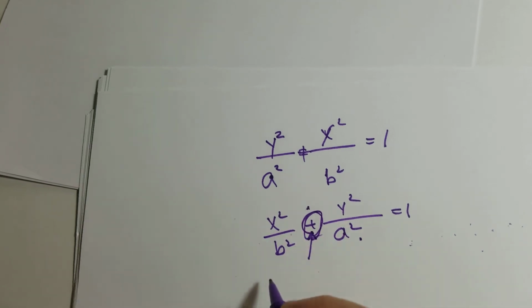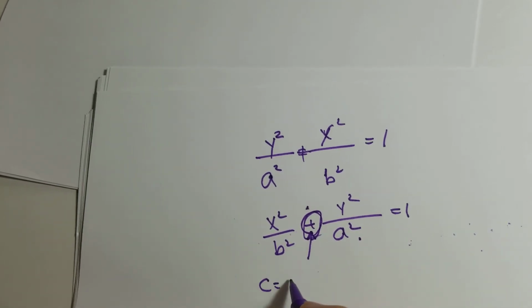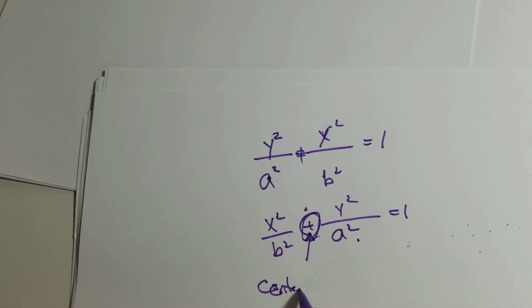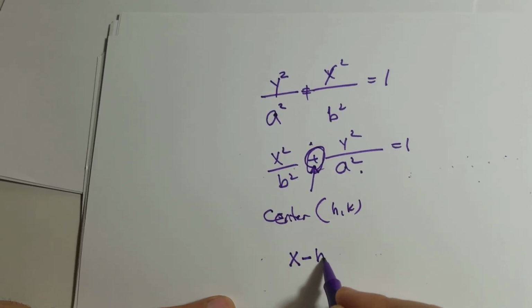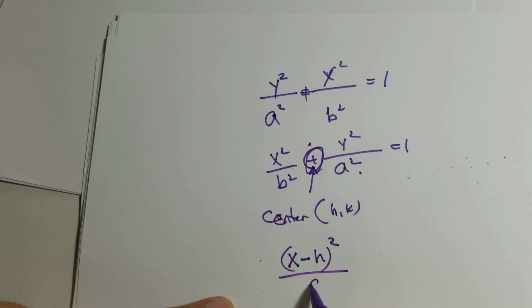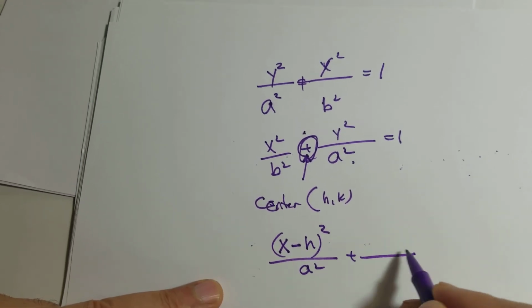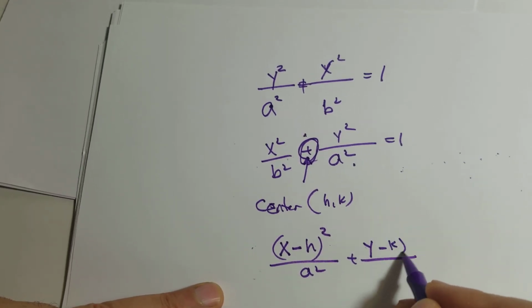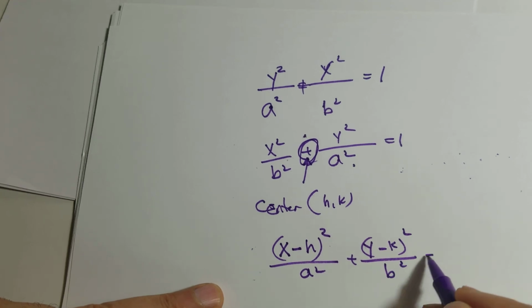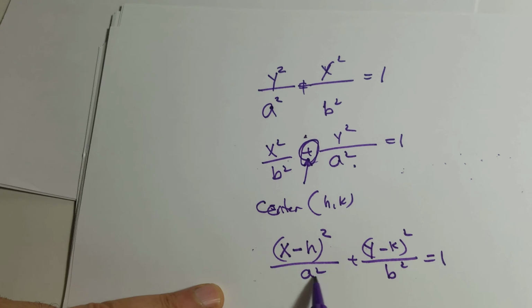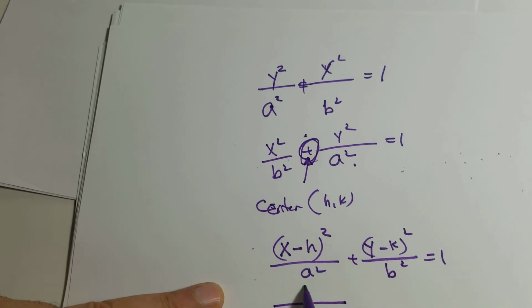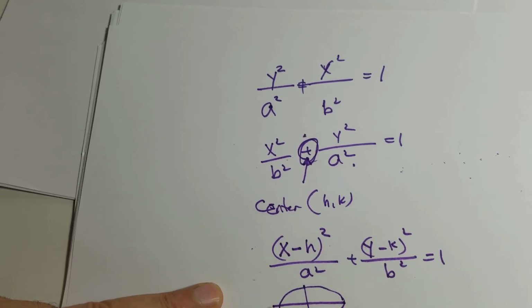Somebody said, what happens if the center becomes at h and k? Therefore, you get x minus h squared over a squared plus y minus k squared over b squared equal to 1. This is for an ellipse whose elongation is along the x and the minor axis is along the y.